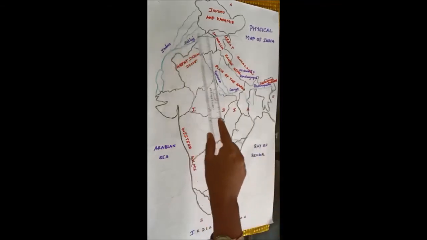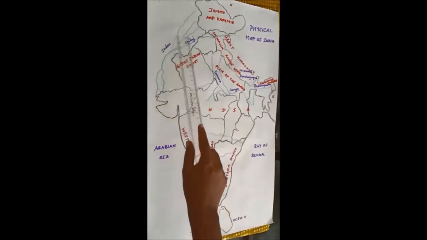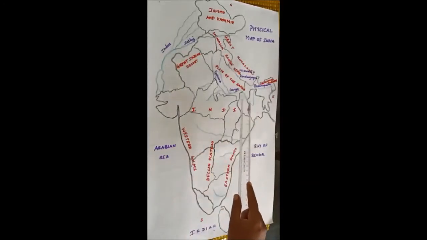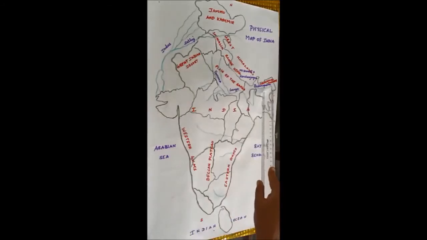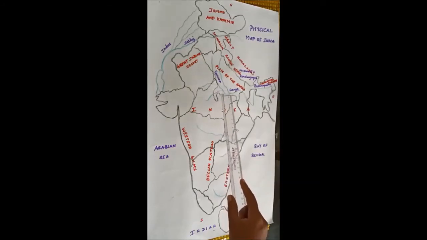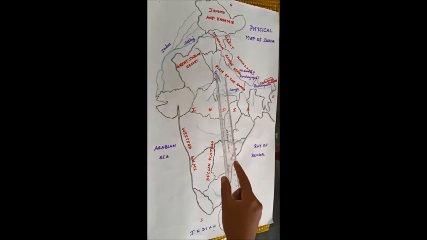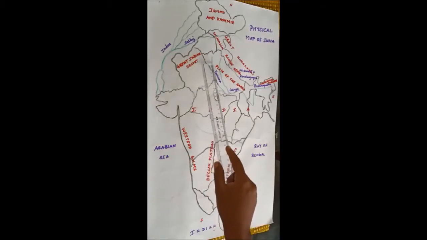These are all on the northern side. What we call the northern plains: Indus, Ganga and Brahmaputra. I also said the northern plains are the food bowl of India, because most of India's wheat and rice are grown here, so we call it the food bowl of India.